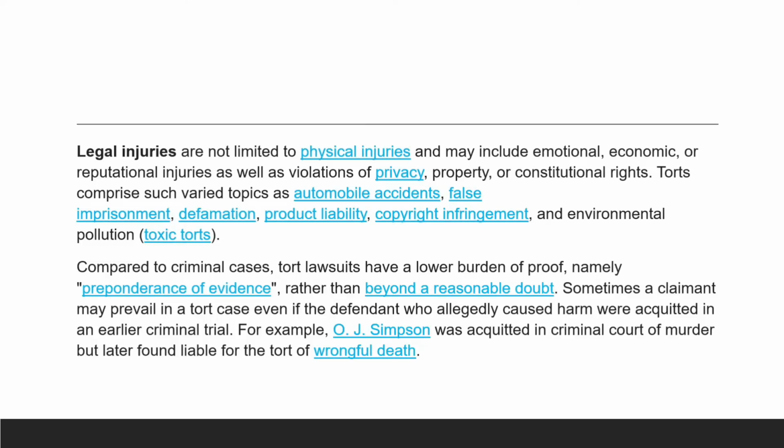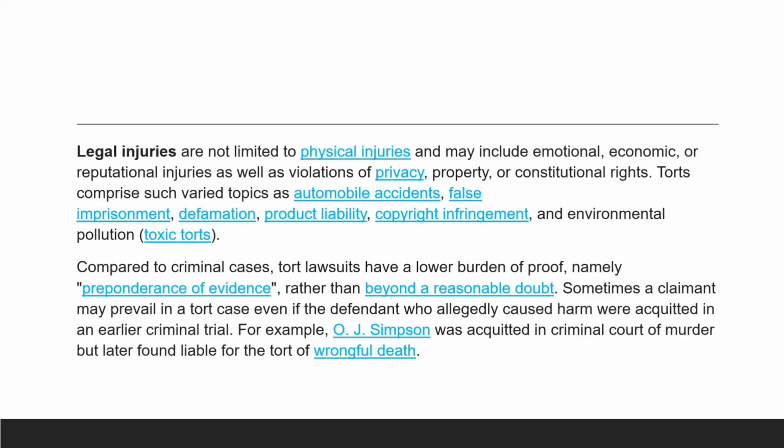Legal injuries are not limited to physical injuries and may include emotional, economic, or reputational injuries as well as violations of privacy, property, or constitutional rights.